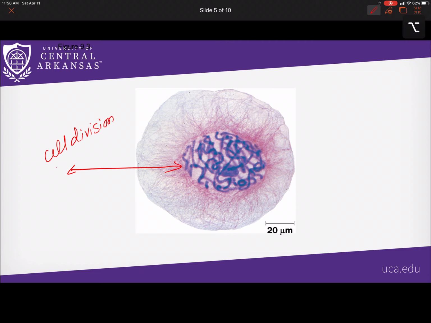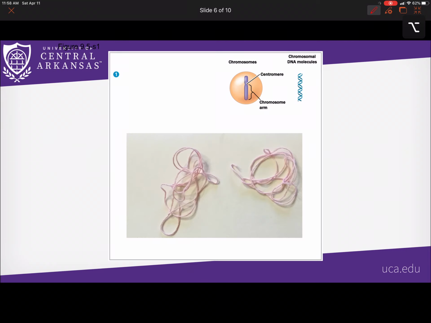How do we know? You can see the DNA is condensing. So let's look at what happens. How does the DNA organize itself when it's about to undergo cell division?